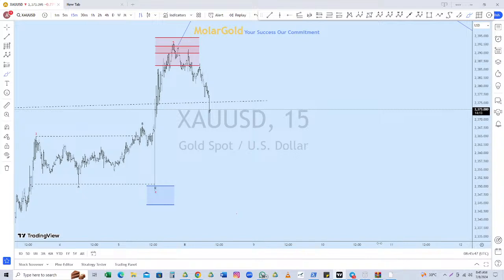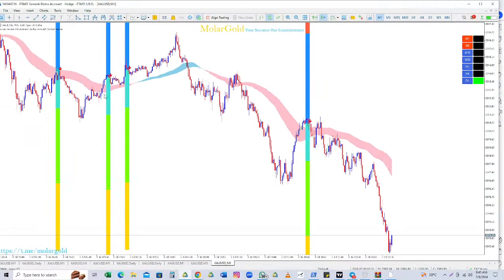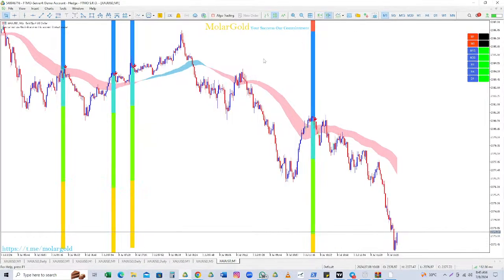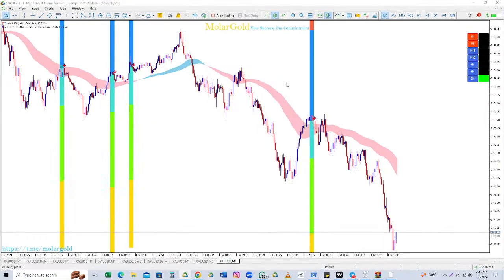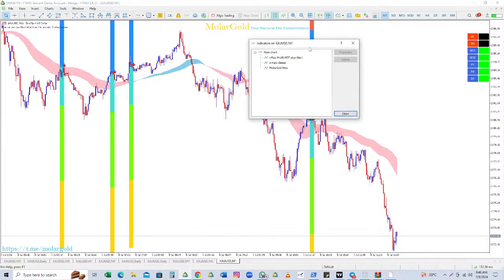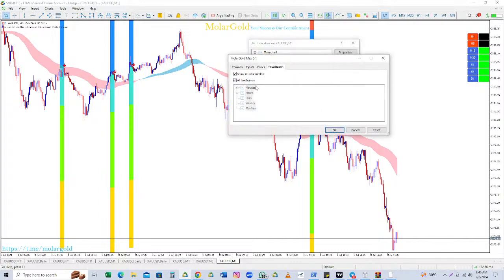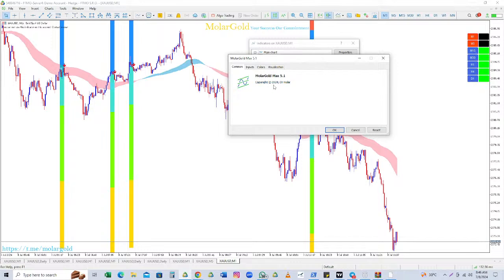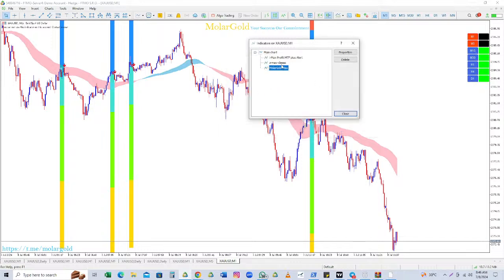The MolarGold marks belong to MolarGold. We have all the rights because it's ours. Every indicator in here belongs to MolarGold. Dr. Molar, you can see that is me.